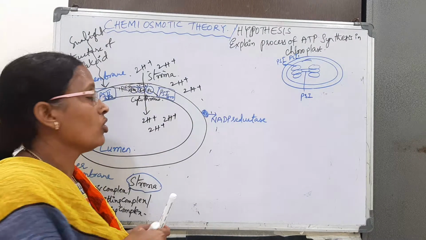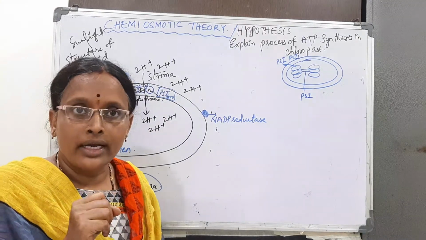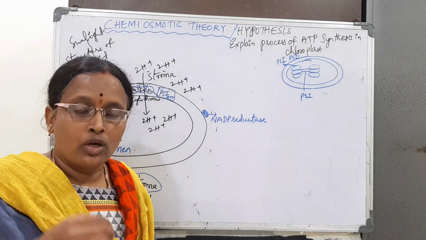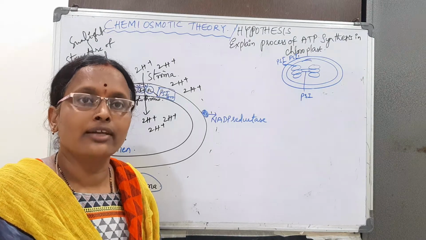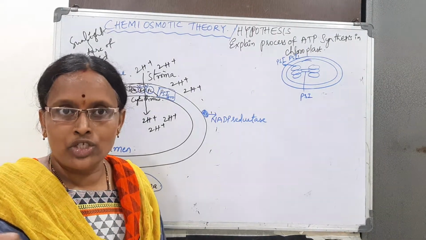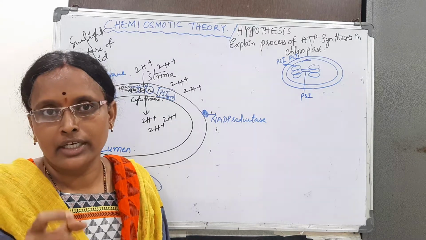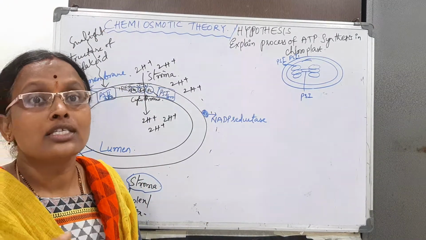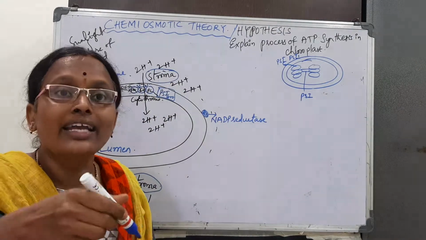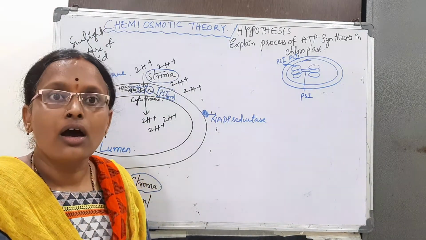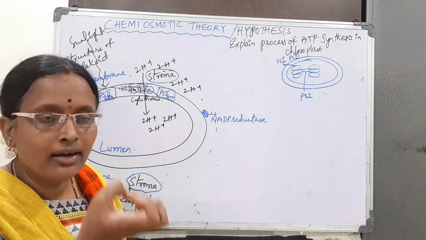So when non-cyclic photophosphorylation is taking place and electrons come to the cytochrome, cytochrome not only sends the electrons to the next carrier, but by utilizing the released energy, it accepts some protons from the stroma and pumps them inside the lumen of thylakoid.